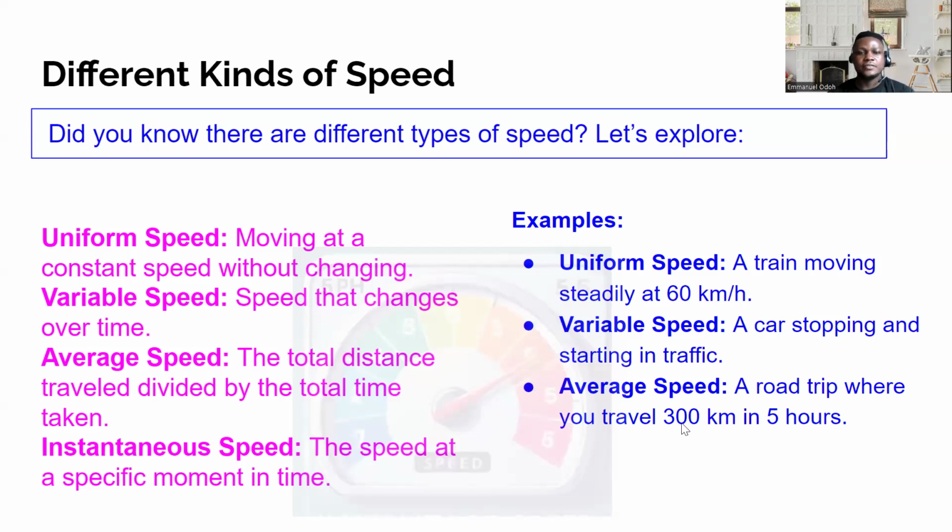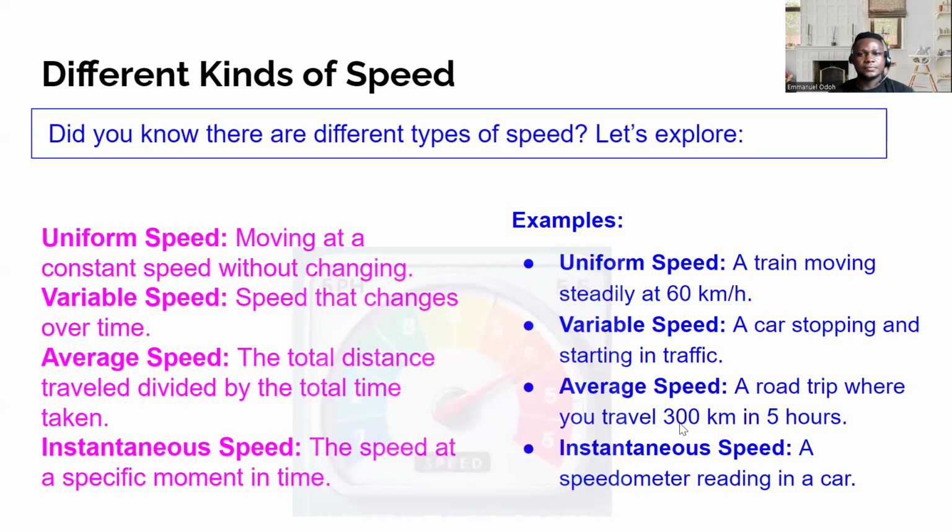And the speed at a specific moment in time, the one your speedometer reads, is the instantaneous speed. So a car moving steadily at 60 kilometers per hour demonstrates uniform speed, while a car stopping and starting in traffic shows variable speed. But when you look at the speedometer, you are seeing the car's instantaneous speed.